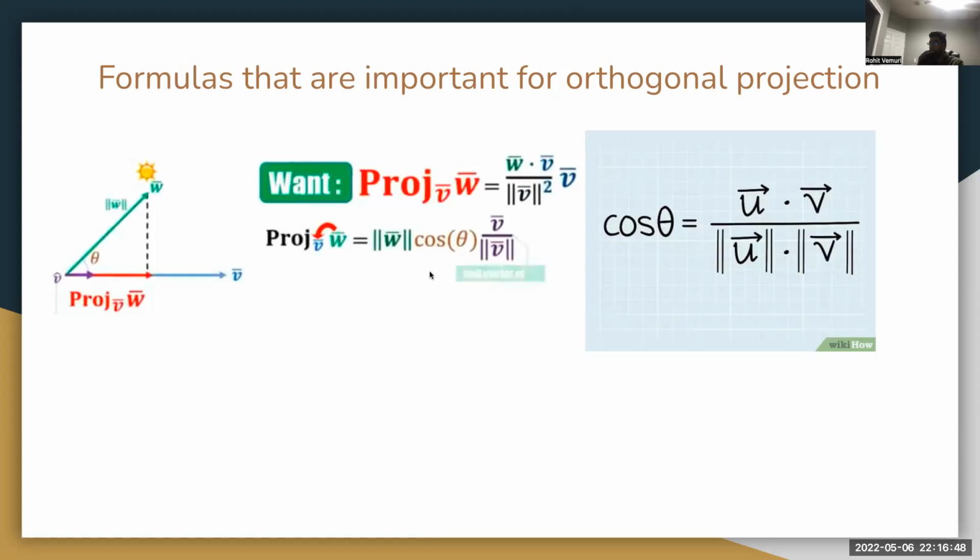It's w times v over the magnitude of v squared, times v. This is also one way to do it with an angle in between. To calculate that angle, we can also do u times v over the magnitude of u times the magnitude of v.